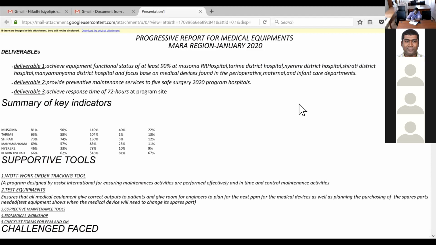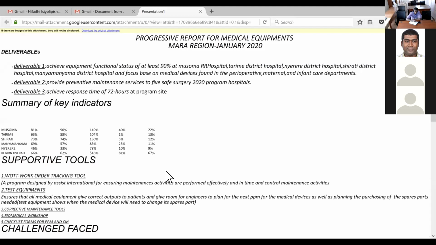And the third deliverable was to achieve a response time of 72 hours at program sites. So these were the plans which we had when we started with Assist International, that we will have the 3 deliverables, number 1 up to number 3.